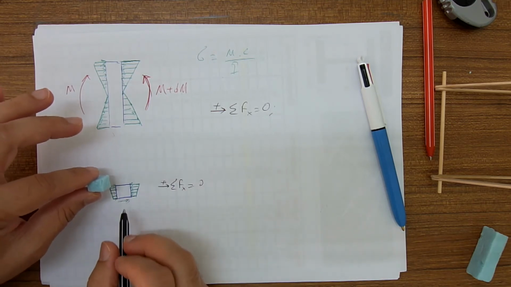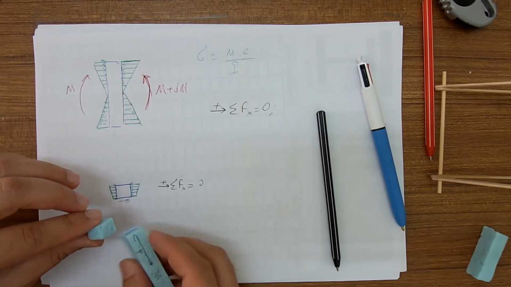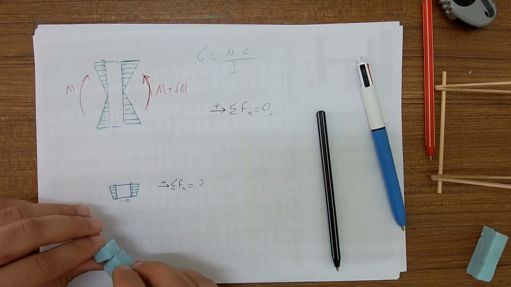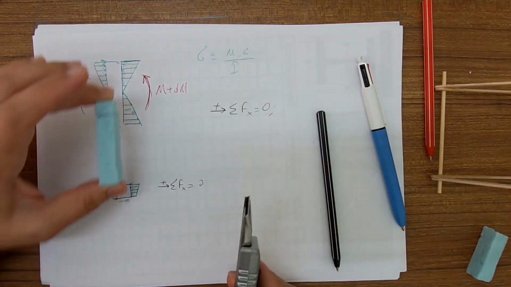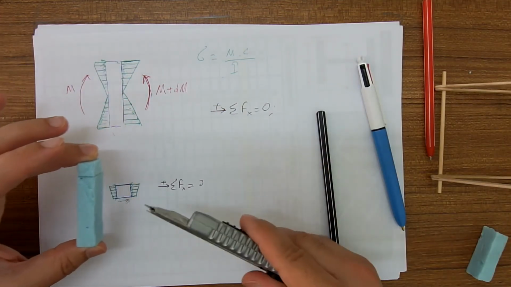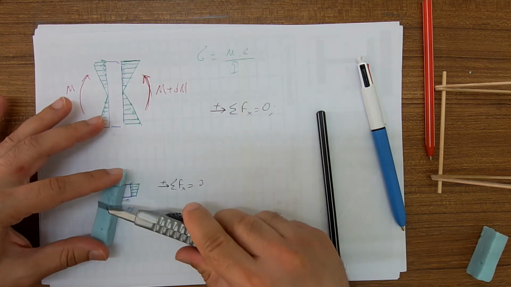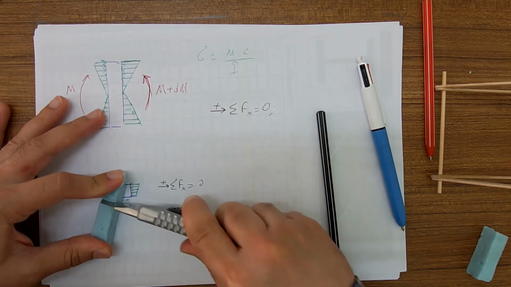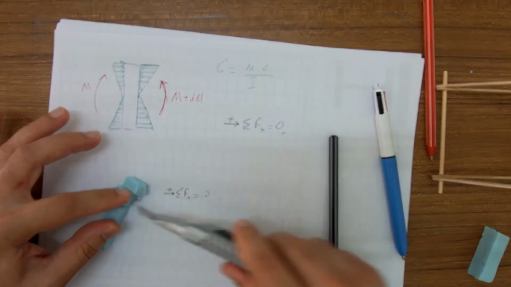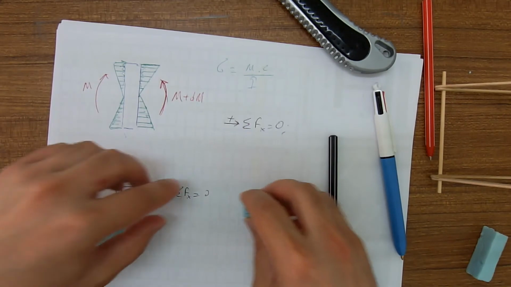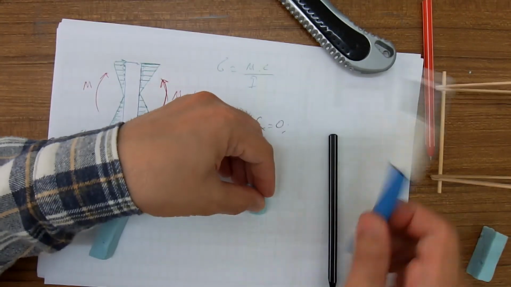And as we cut more, where did we cut it from? Anyway, so say that this is the original shape. We cut somewhere here. If we cut around here, so near to the neutral axis, our segment would be larger, right?